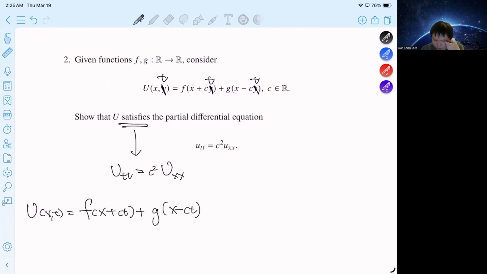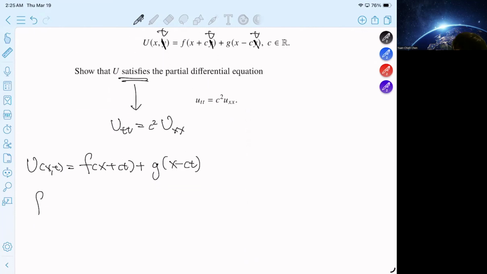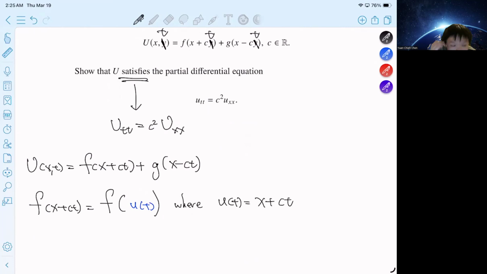So basically, x plus ct is your input right now. So you can rewrite f in terms of this. You can write f(x plus ct) to mean f of a function inside, maybe small u, where u(x,t) is x plus ct.